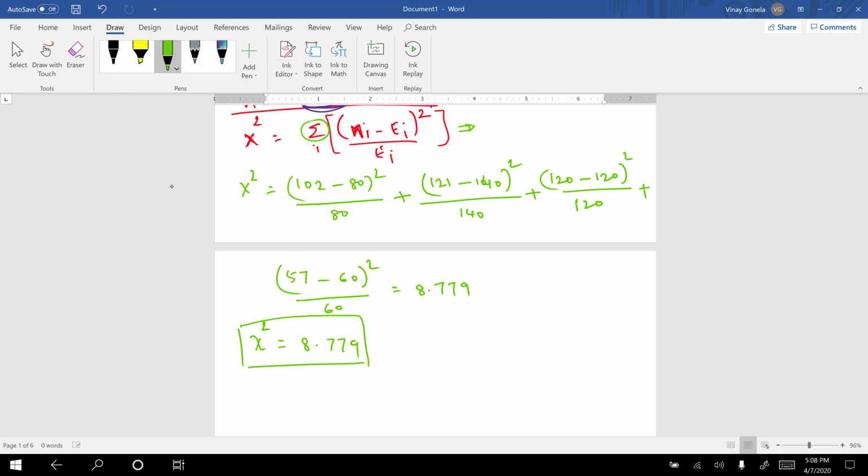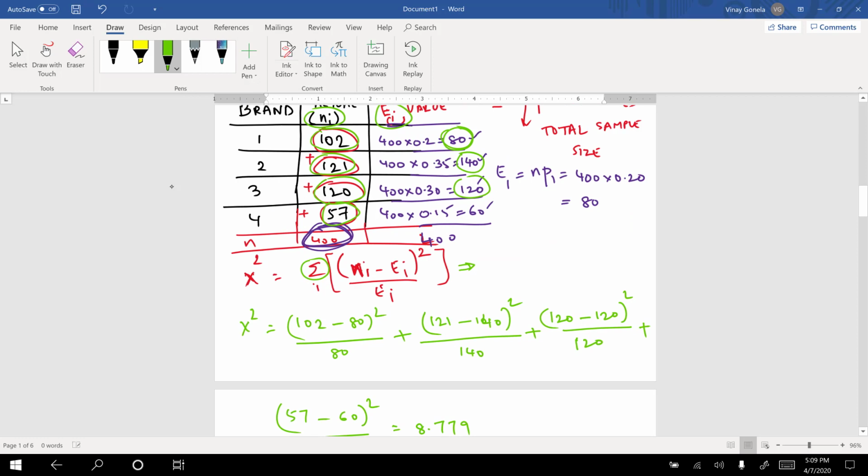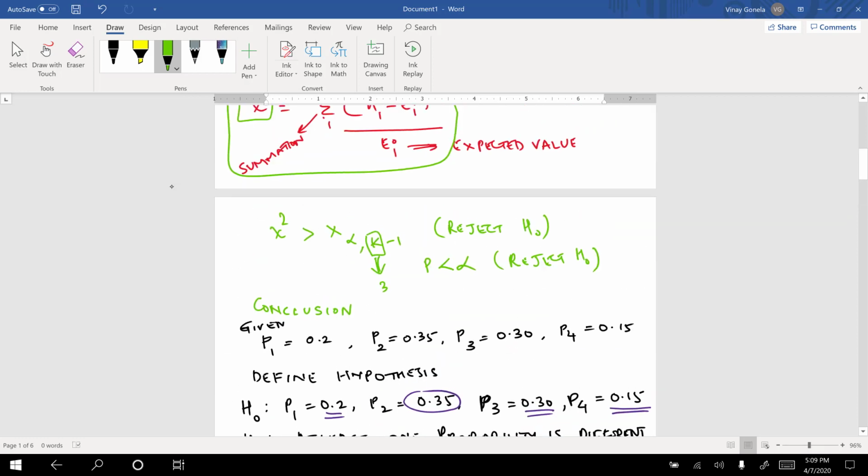So the next step is to compare this chi-square. This is my test statistic value. Now I am comparing it with the critical value. The critical value formula is chi-square alpha, k minus 1.